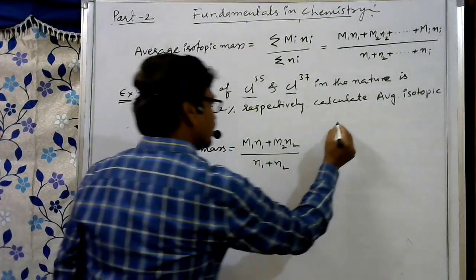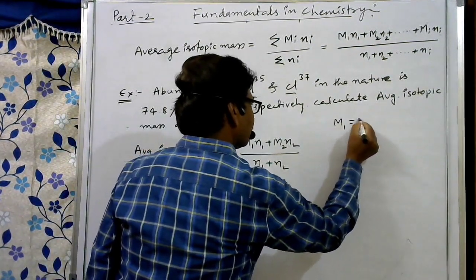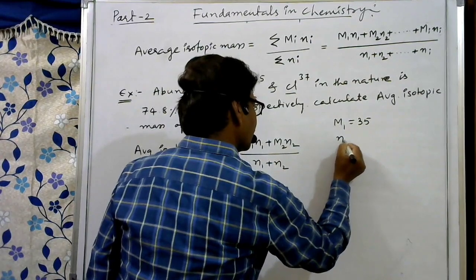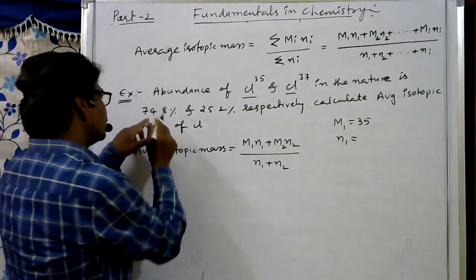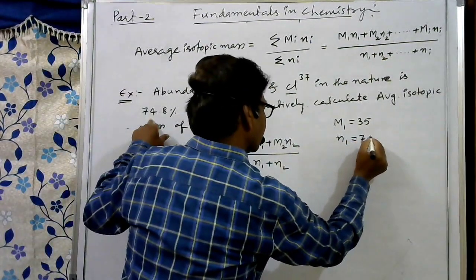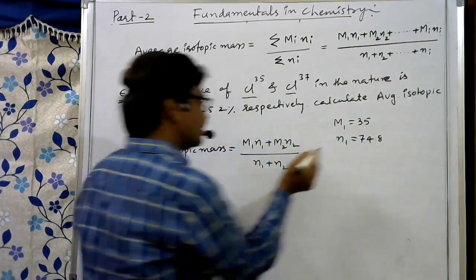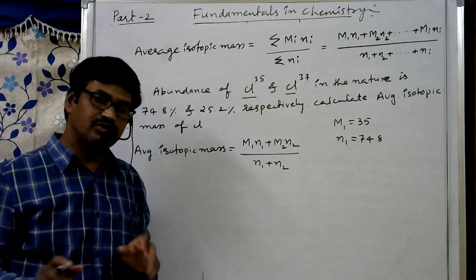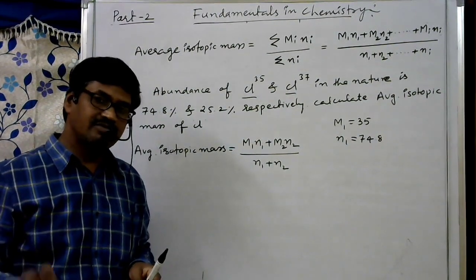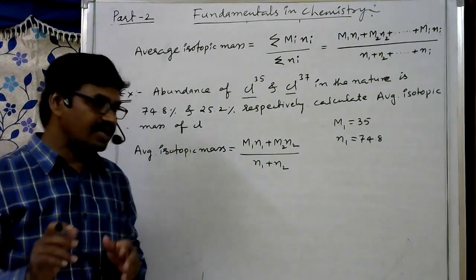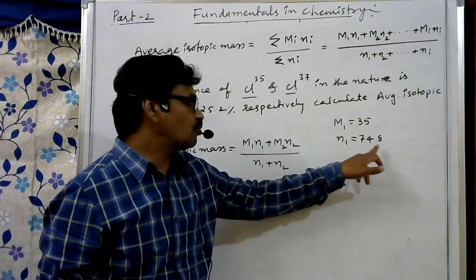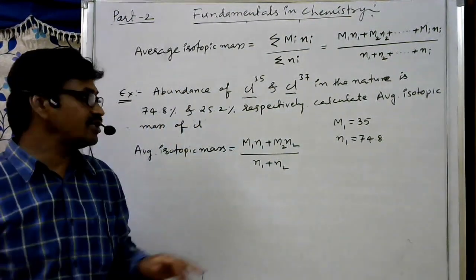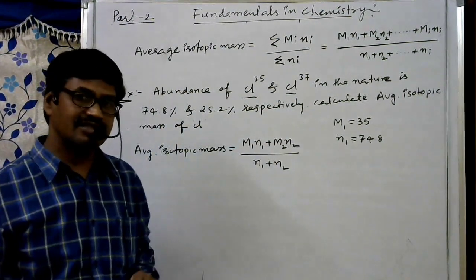Here m1 I am writing 35, and n1 is 74.8. That means, considering total chlorine 35 and chlorine 37, including both, the total number of atoms is 100. Among 100, 74.8 atoms are with respect to 35 mass.